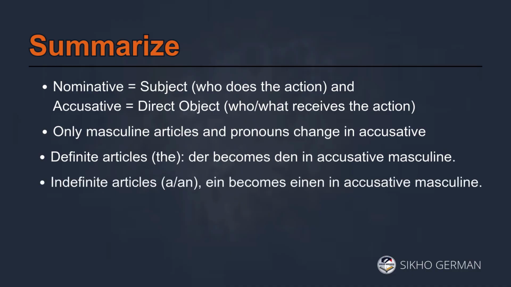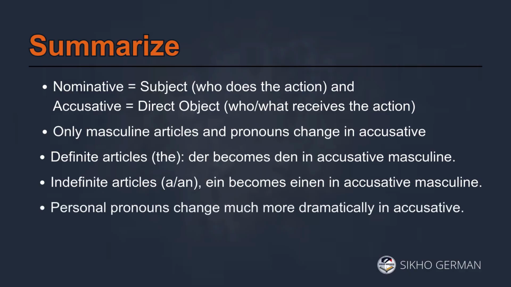Fourth, for indefinite articles, a/an, ein becomes einen in accusative for masculine nouns. All others stay the same. Fifth, personal pronouns change much more dramatically in accusative. You need to memorize these.